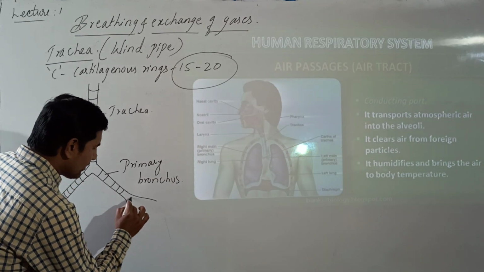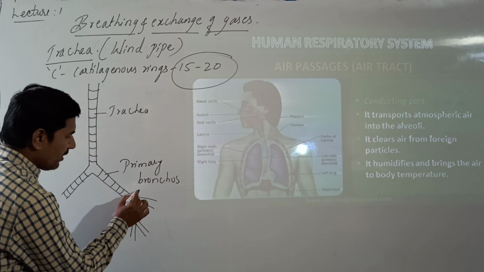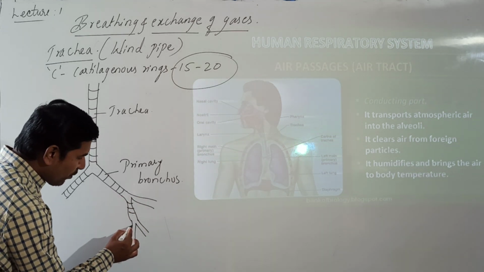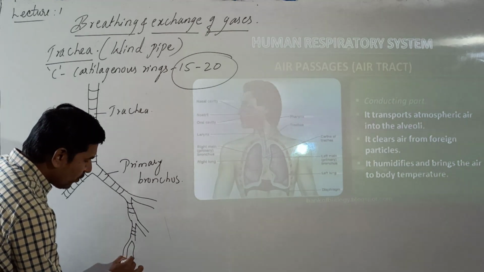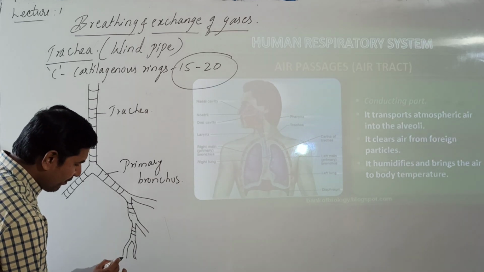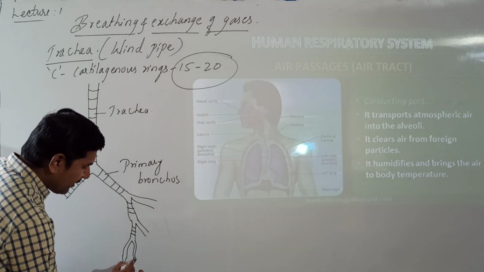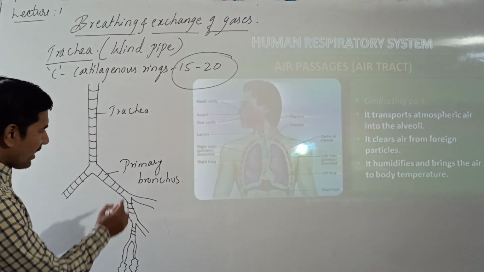These primary bronchi rebranch to form secondary bronchi. Secondary bronchi branch into tertiary bronchi. Tertiary bronchi branch into bronchioles. These bronchioles finally end up in a grape-like structure that we call an alveolus.